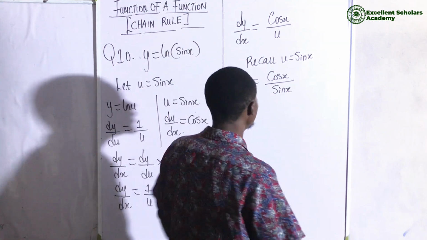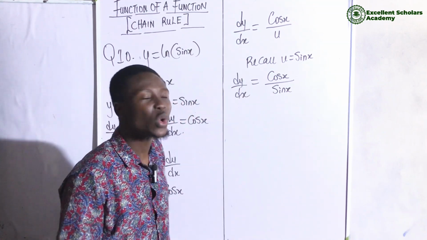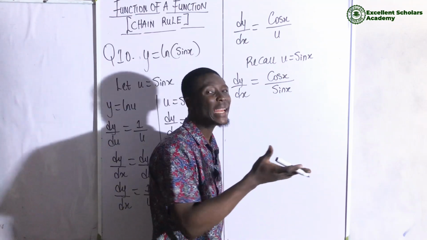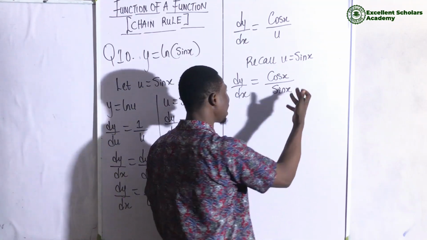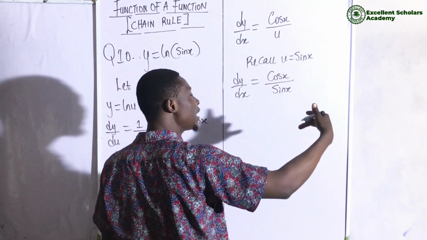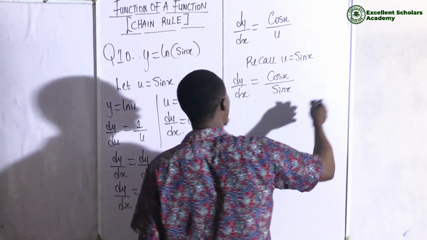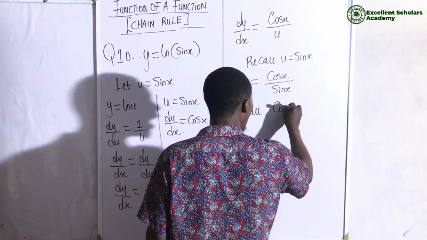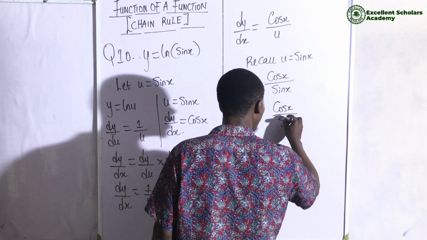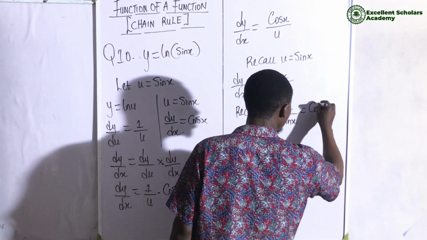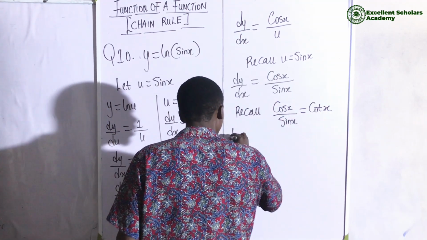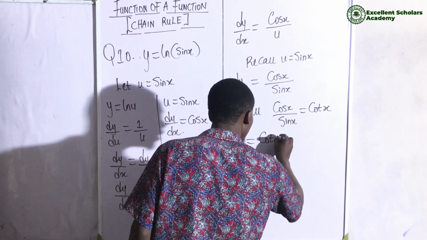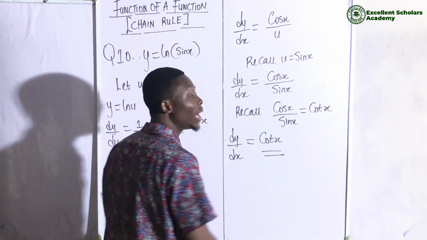Now, if you check this out very well, this is also a trigonometric identity. Now, sine x over cos x gives us tan x. So it means cos x over sine x, with the inverse of tan, will be cot. So recall that cos x over sine x equals cot x. So that means our dy/dx will be equal to cot x. And this will be our final answer.